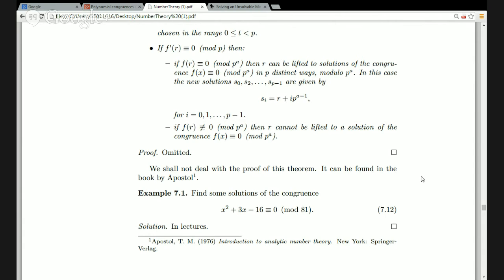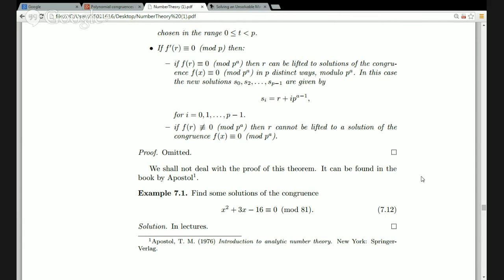So r equals 7 will lift uniquely to s, which is given by 7 plus t times 9 this time, where t is the solution of the reduced congruence now, which is f prime of r, which is 17 times t, plus f of 7.